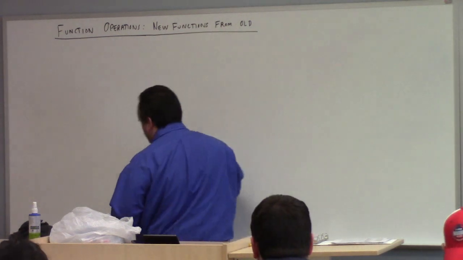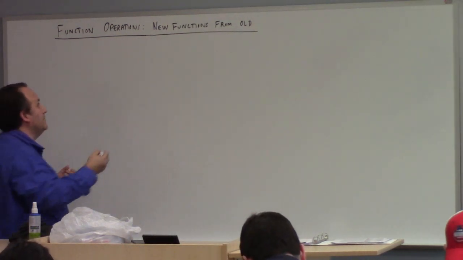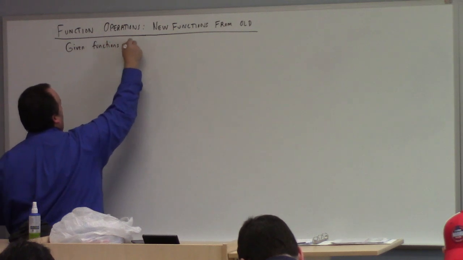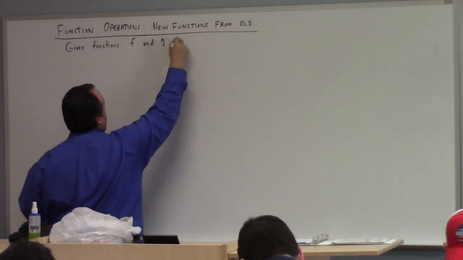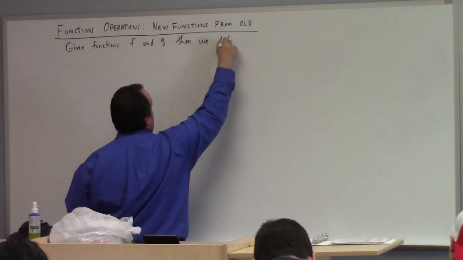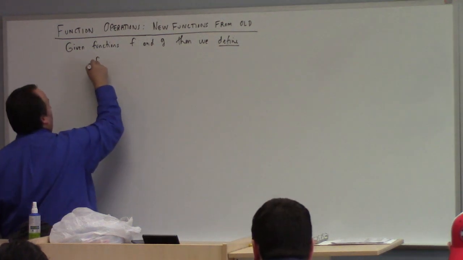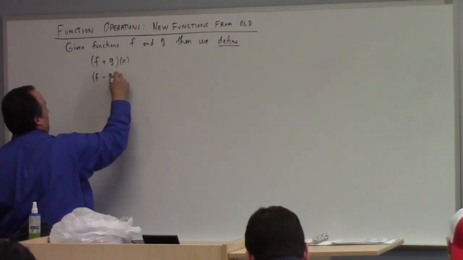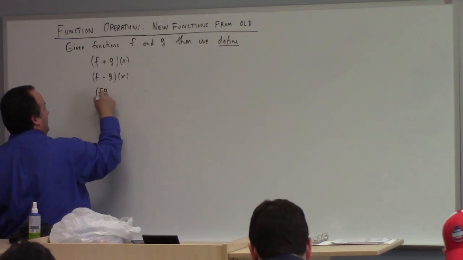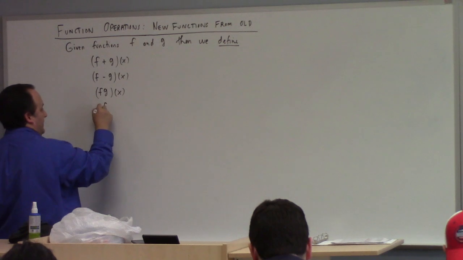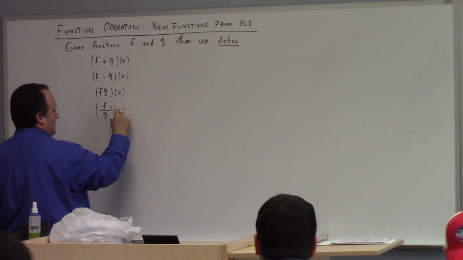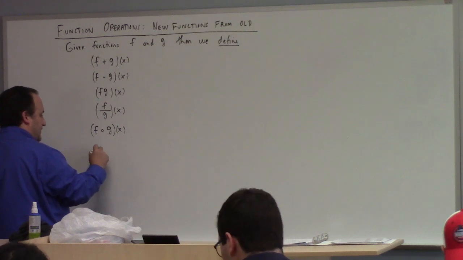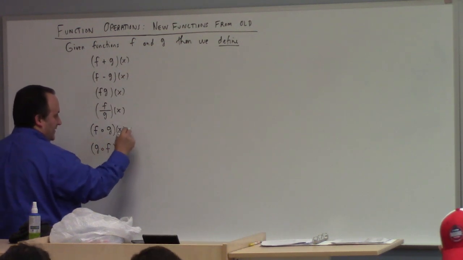Basically the point is, if we're given functions f and g, then we define f plus g of x, f minus g of x, f times g of x, f over g of x, and last but not least f composed with g of x, and we'll also define g composed with f of x here, okay?